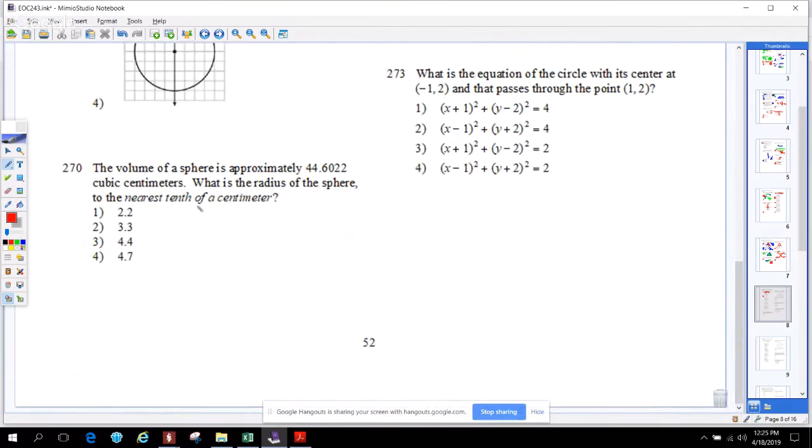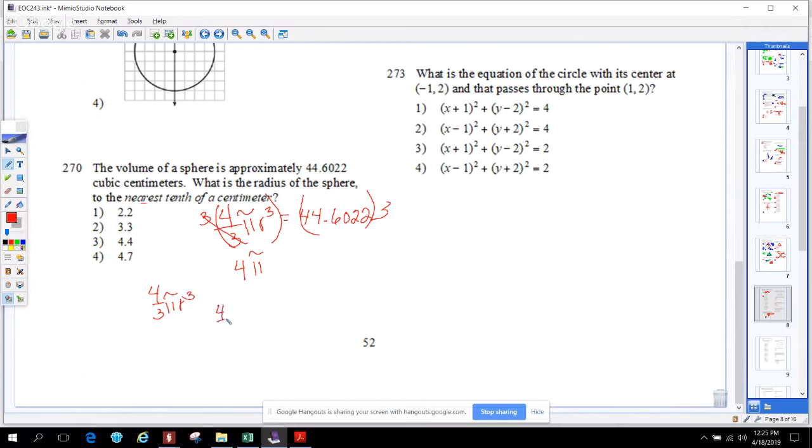Okay, this one's kind of annoying. The formula is 4/3 pi r cubed equals this. So first we're going to get rid of the 3 by multiplying everything by 3. So we're going to be left with 4 pi. Actually, I don't want to take you through that. This is what you're going to do instead. Because this is a multiple choice question, just plug each of those in.